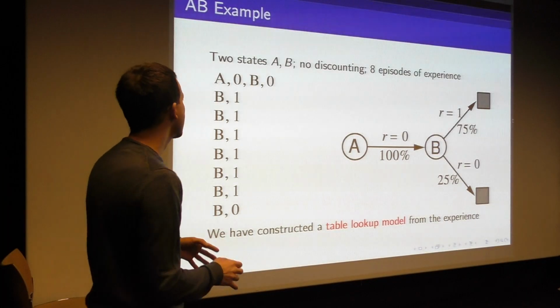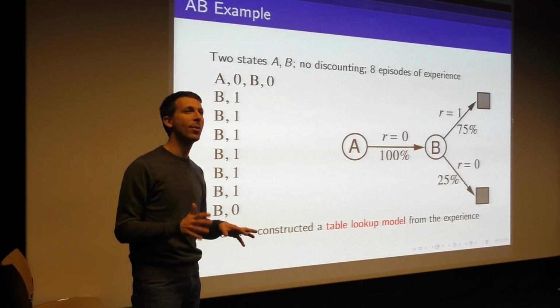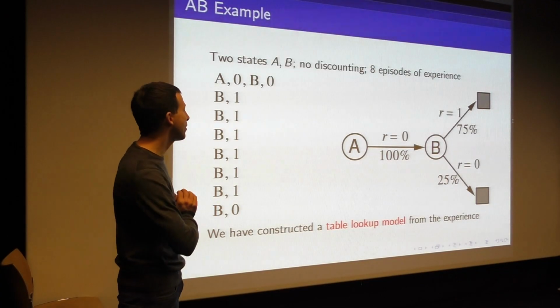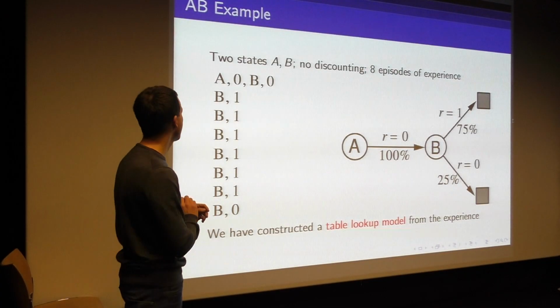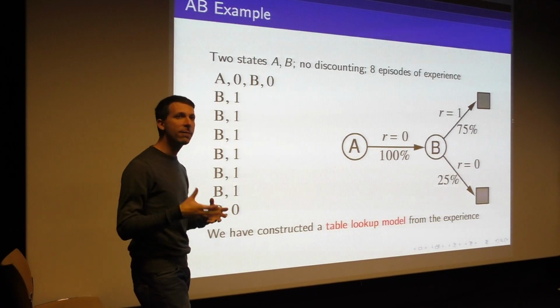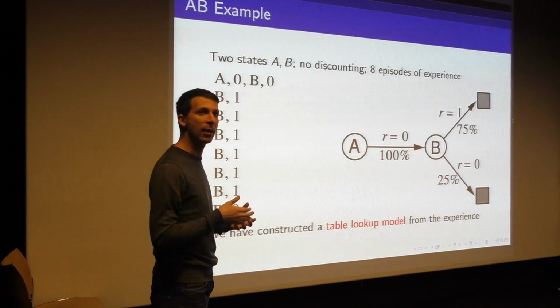Okay, let's make this concrete. We've had this example once before, but I'm going to take it one step further in this class now. We had this really simple A-B example when we were talking about understanding temporal difference learning. We're going to use it for a different purpose here, which is model learning.